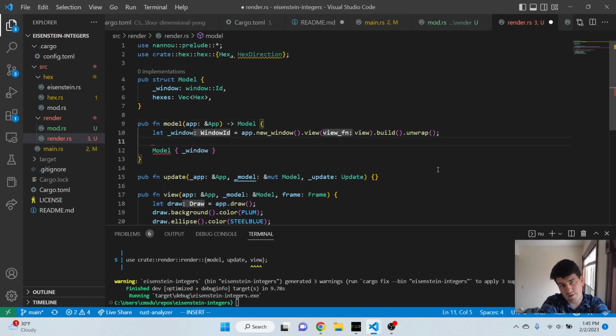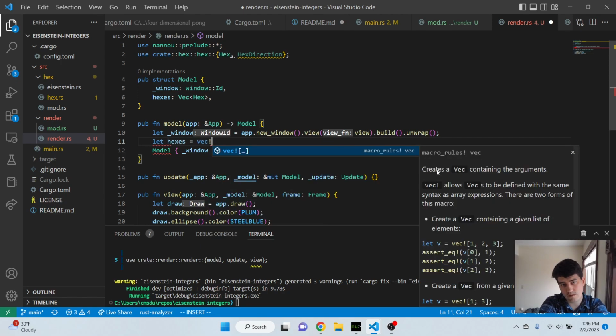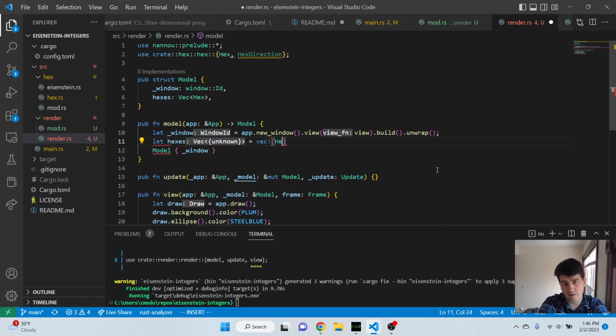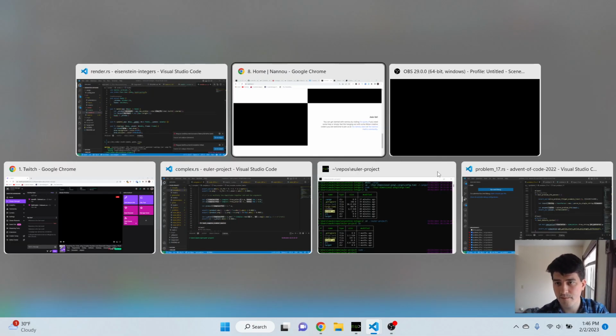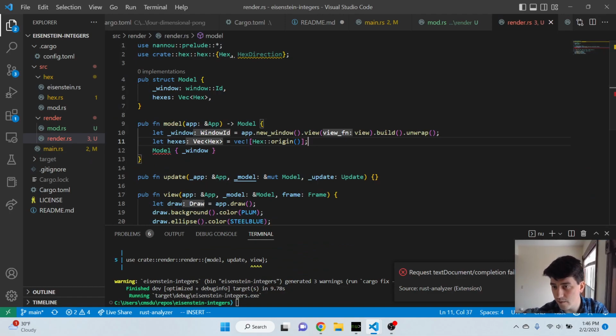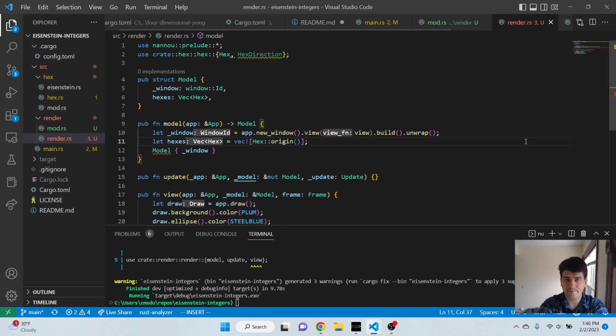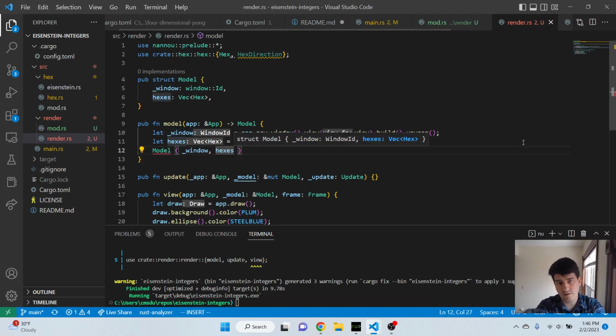So we'll get an app window, and for now, let's just say hexes equals a vec with hex origin in it. I don't know what this is, but whatever. And then for now, let's just say hexes. This is fine.